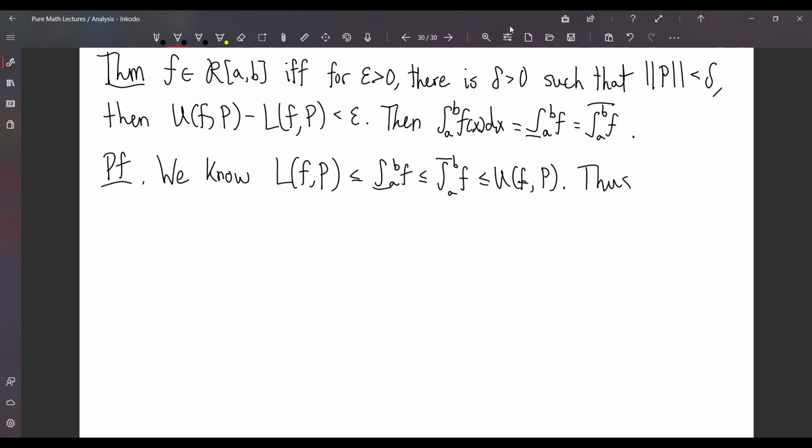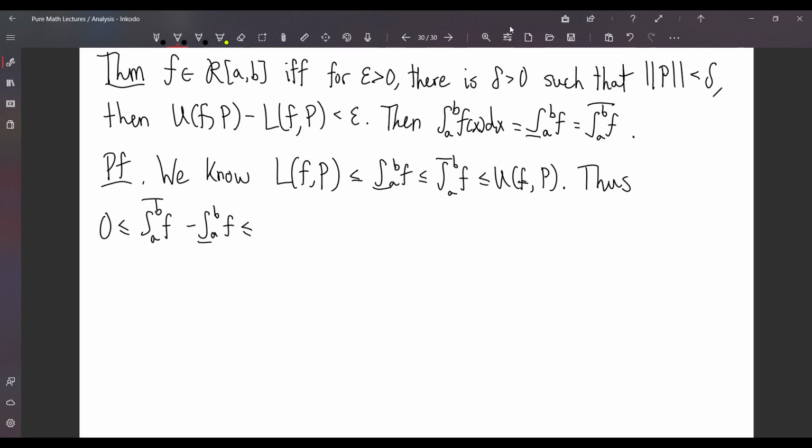Thus, you can say by the squeeze theorem, if you want to look at it that way, or you can subtract the inequalities, and what you will get is that if I take the upper integral minus the lower integral, this is going to be greater than or equal to 0, right, because of this inequality here.